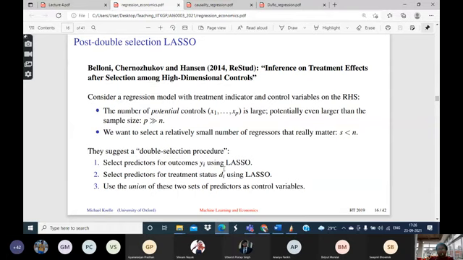So there are so many possible causes of getting or not getting COVID. One is the status of vaccination, which I call DI, the treatment. Apart from that, let us say there are P other factors, which I keep together and denote by x1, x2 up to xp, calling them potential controls. Now the question I am trying to answer here is whether this DI is an effective treatment for COVID or not.